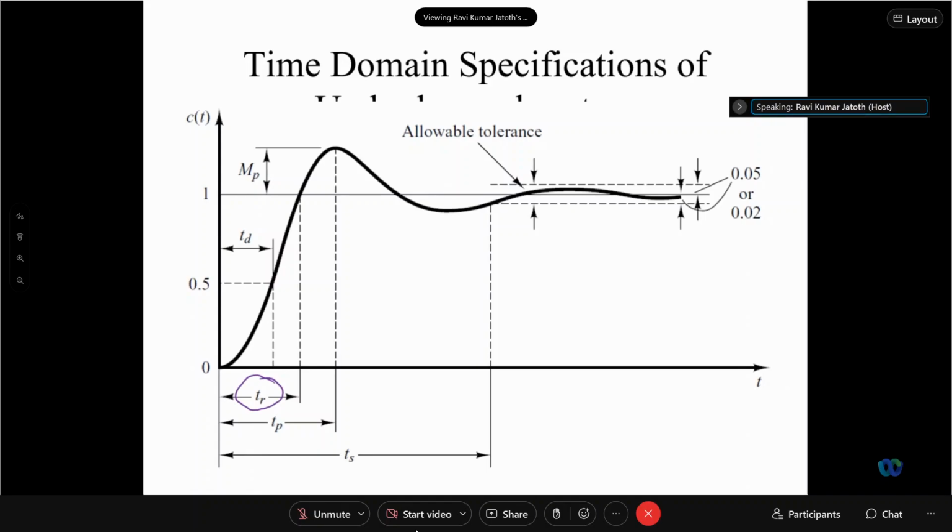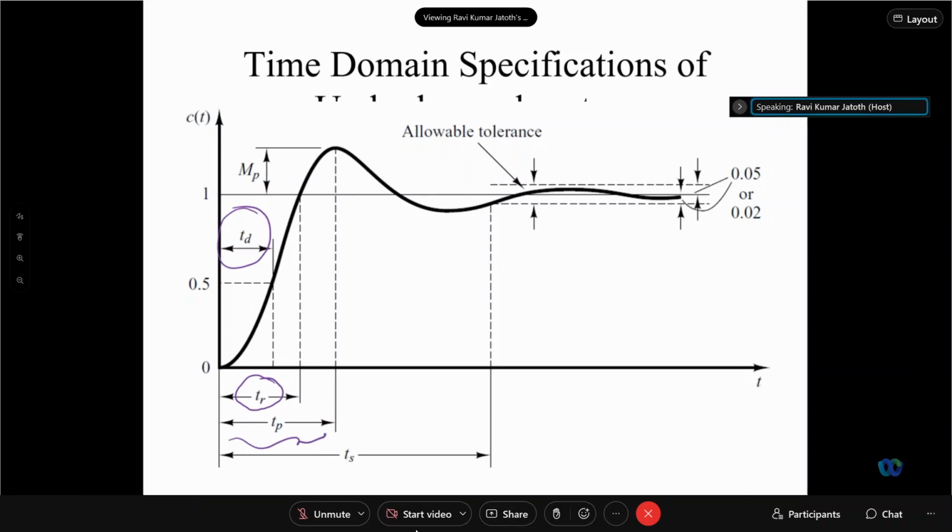And delay time. Delay time is defined as the time taken by the response to reach 50% of its final value. Peak time. The time taken by the response to reach the maximum peak value is called peak time.